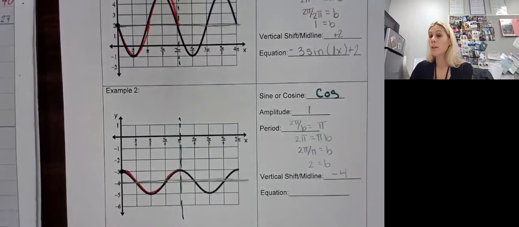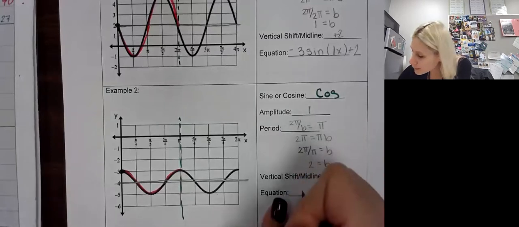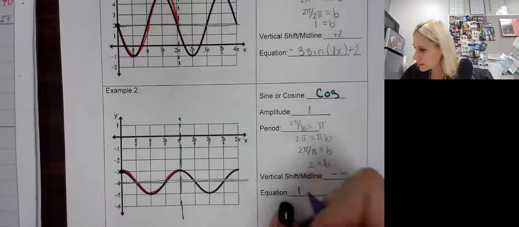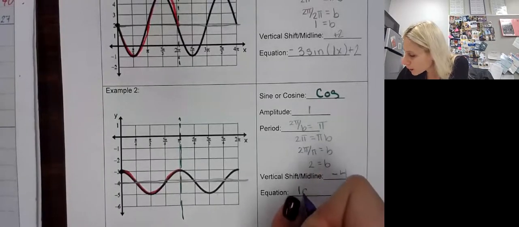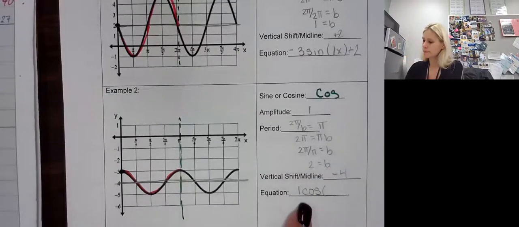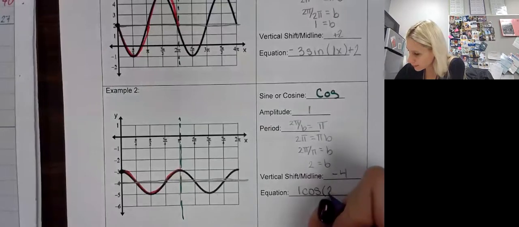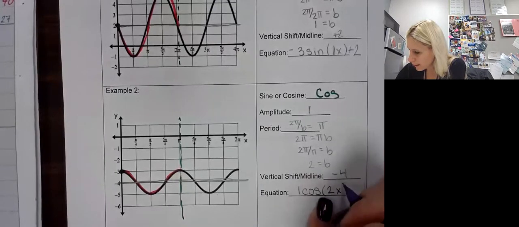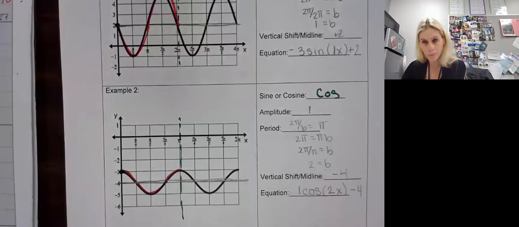Okay, let's write our function. We start with our amplitude. I'm going to write it in, but you don't have to because of 1, right? I'm just going to write it so you know where it goes. That's the amplitude. Then we have our function. Then remember, it's our b value times x. And at the very end, we have a -4. And we're done.